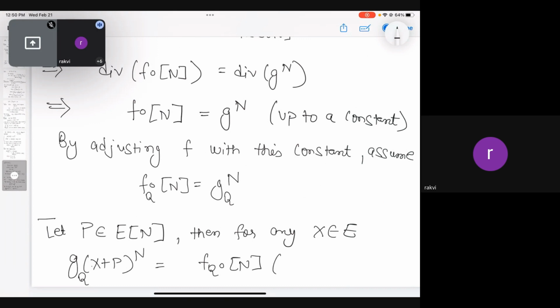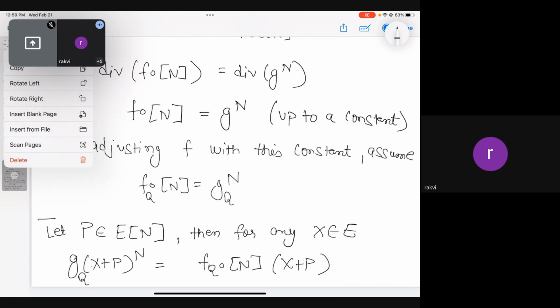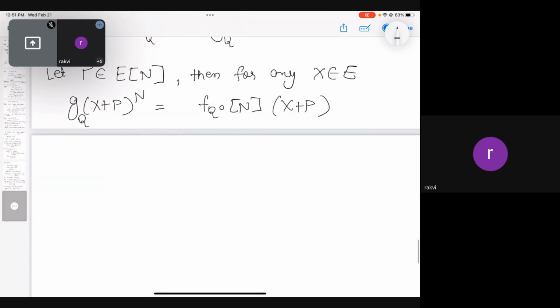So g to the power n is basically fq composed with n, applied at x plus p. Now what is fq of n at x plus p? So fq composed with n, this n will act first. So this is simply nx plus np. But p is torsion, right? So np just vanishes.